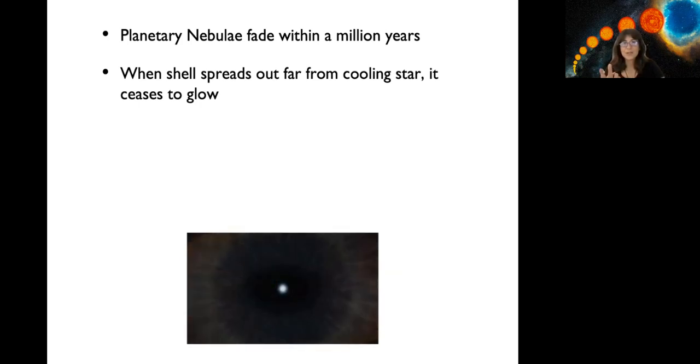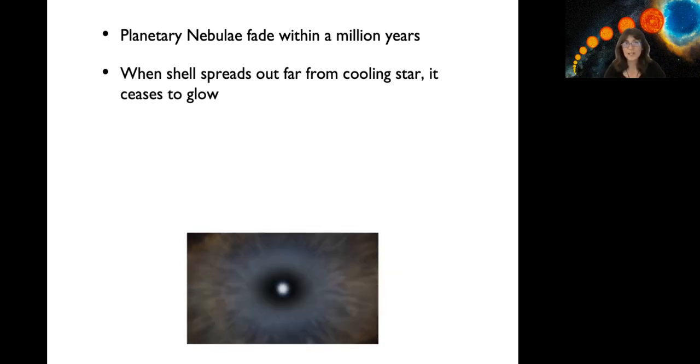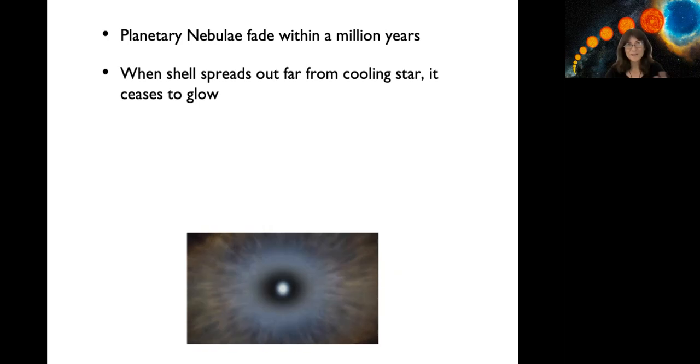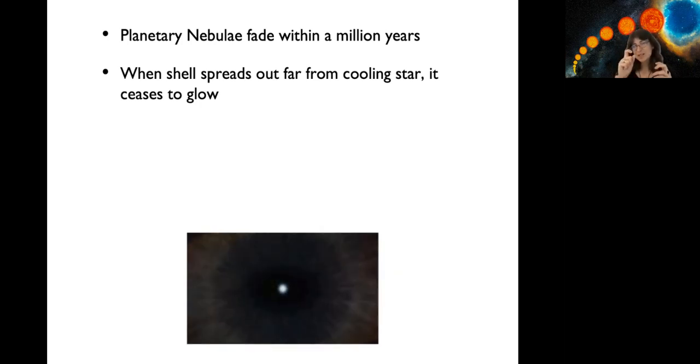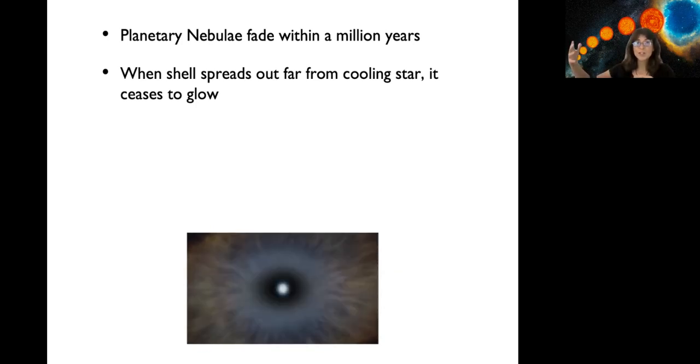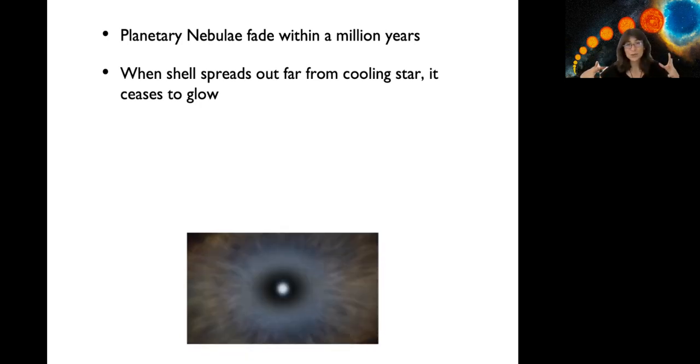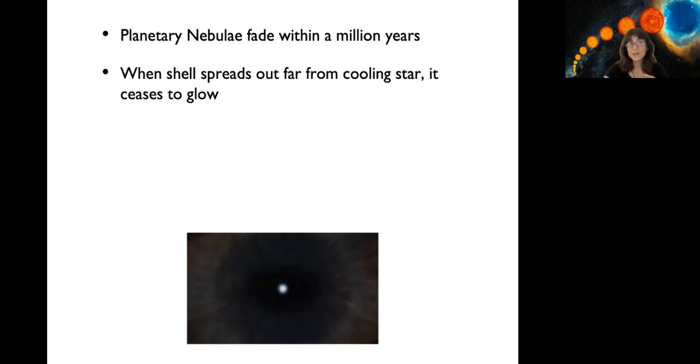So two things happen. The star is getting cooler because it's not fusing anything. It's not producing heat. And sorry, by star, I mean the white dwarf, the core that is not a star anymore. So it is becoming cooler and cooler. If you remember, hotter objects emit more light, cooler objects emit less light. So as it's cooling down, it also becomes dimmer and dimmer.